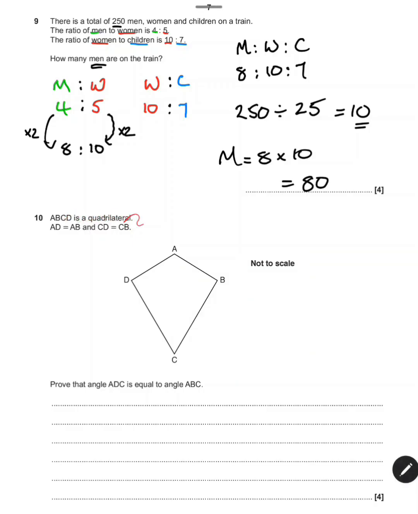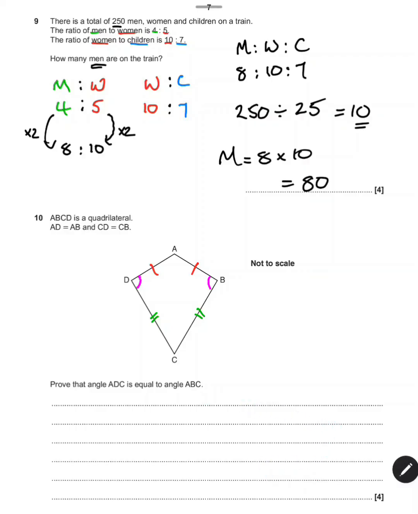Question 10, we're looking at a quadrilateral, and we're just told that AD equals AB, so this side equals this side. We're told that CD equals CB, so this side equals this side. And we're proving the angle ADC, so this angle equals this angle ABC.